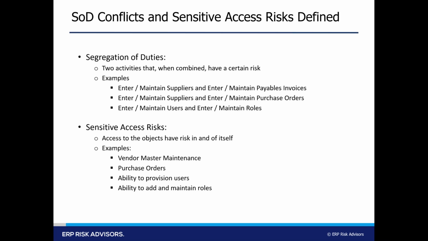So who has the ability to enter or maintain a vendor through the user interface, through pages and forms as we talk about in ERP Cloud, and is the workflow set up appropriately to make sure the person that enters it cannot also approve their data entry? That's the common SOD everybody's looking for: the separation of the entry of a transaction or master data from the approval of it.